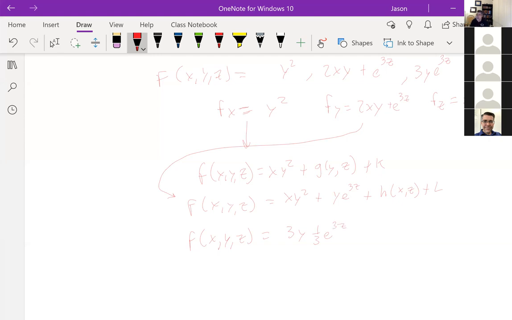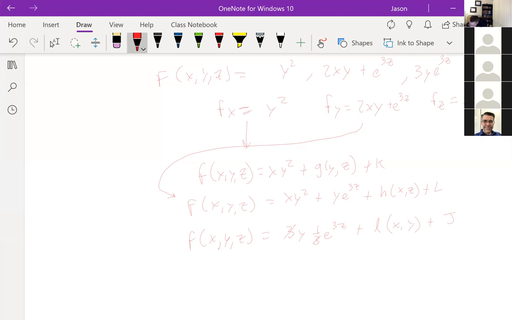After we do our u-sub, we would end up with a 1/3, which cancels out with the 3y. So this would be plus some function in terms of x and y. We'll call this L of x, y, plus some other constant.